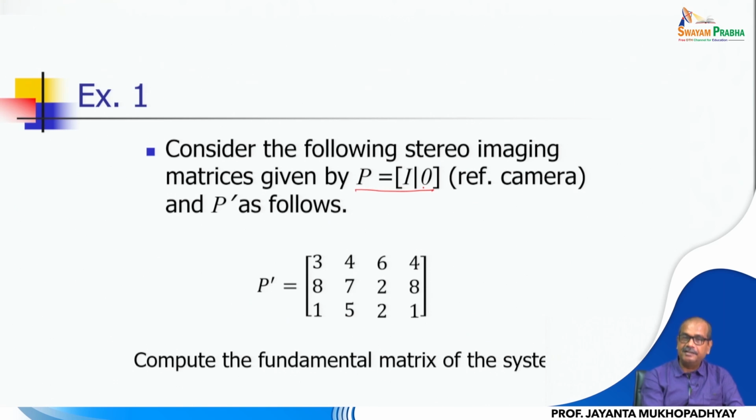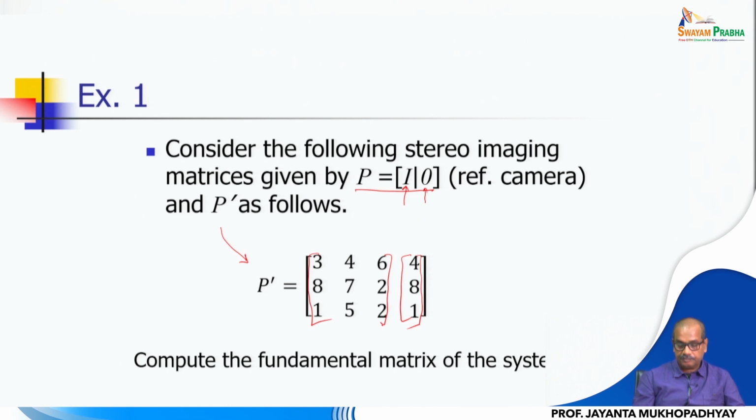That means you have the identity matrix for the 3 cross 3 submatrix and a zero column vector, and naturally it is a camera centric coordinate system. All the world coordinate axes are parallel to the image coordinate axes also. Then you consider any arbitrary position of the second camera, which has rotation of the axes and translation. So you have these submatrices.